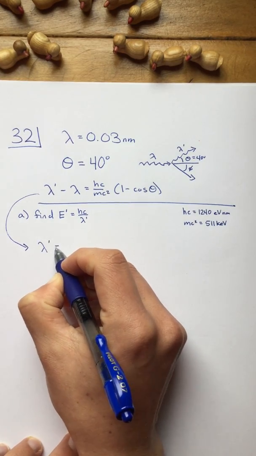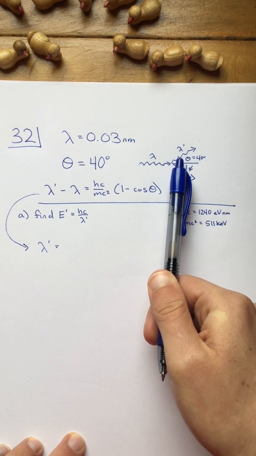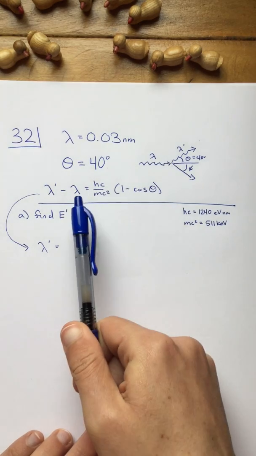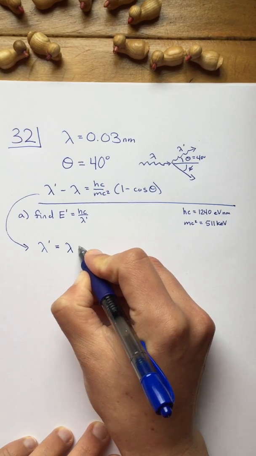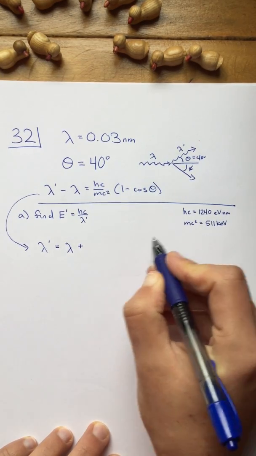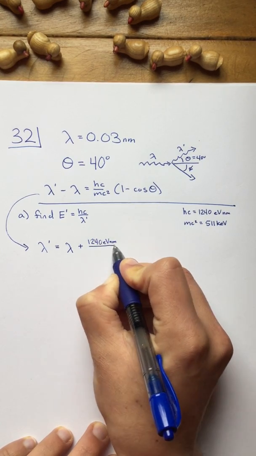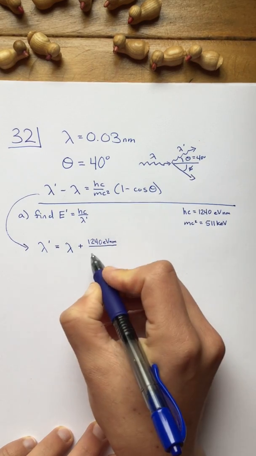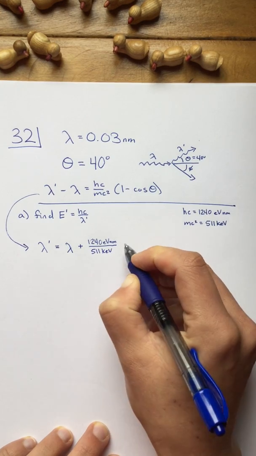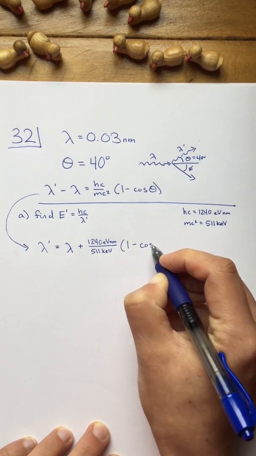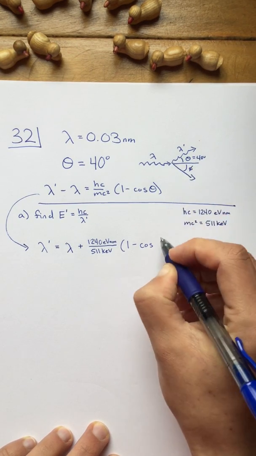So lambda prime is the wavelength after the collision, and we can bring lambda over to the other side and say this is equal to lambda plus hc over mc squared. hc is 1240 electron volt nanometers, that's a constant, divided by mc squared, for the electron, which is 511 kilo electron volts, times 1 minus cosine theta, that's the angle that the photon goes off at after the collision.